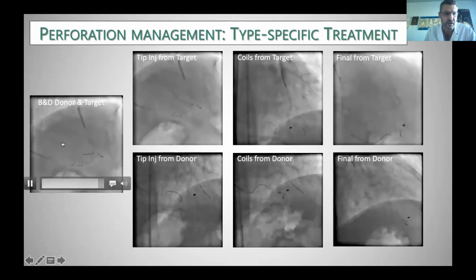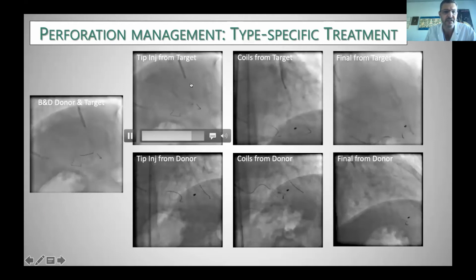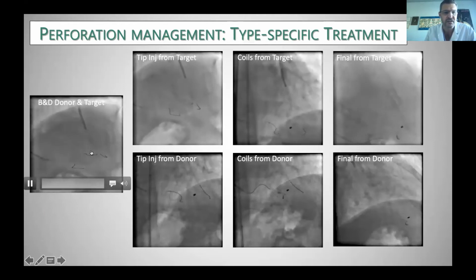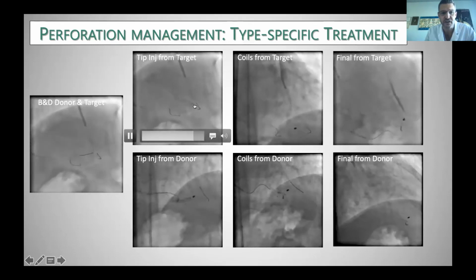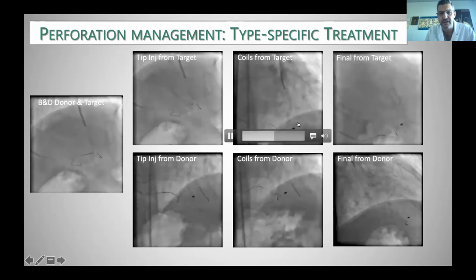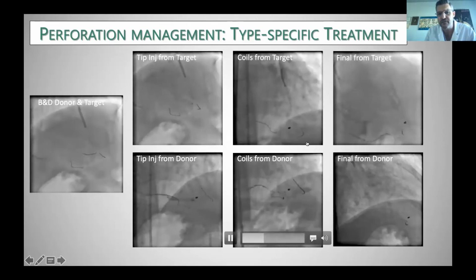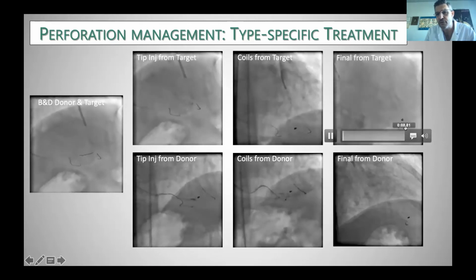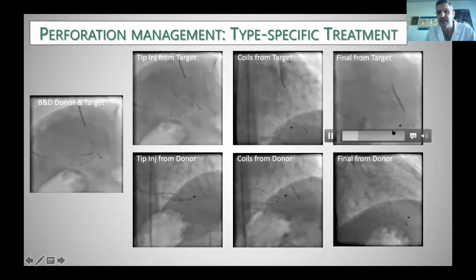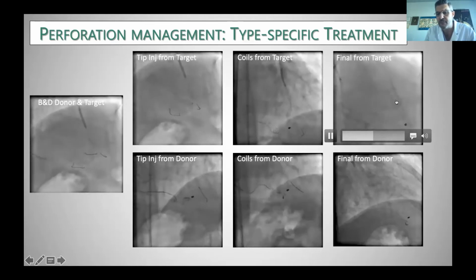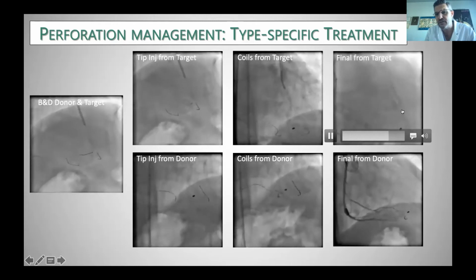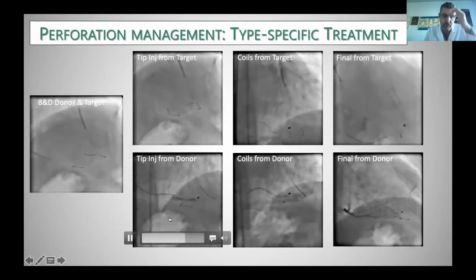And of course, you create ischemia, so you should be very fast. You have to re-engage the perforated collateral. You can perform a tip injection from the micro, leaving the balloon inflated. And also through the micro, you can deliver the first coil and you check for the sealing. After sealing from the target, you should go on from the donor.